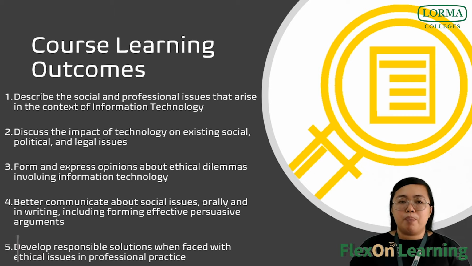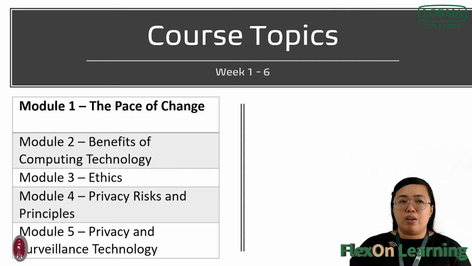Number four, better communicate about social issues orally and in writing, including forming effective persuasive arguments. And last but not the least, you're expected to develop responsible solutions when you're faced with ethical issues in professional practice.